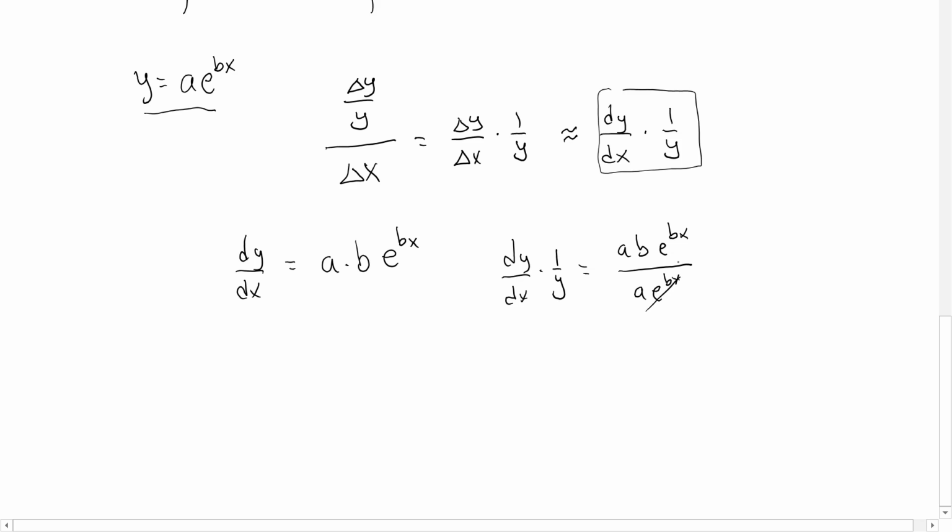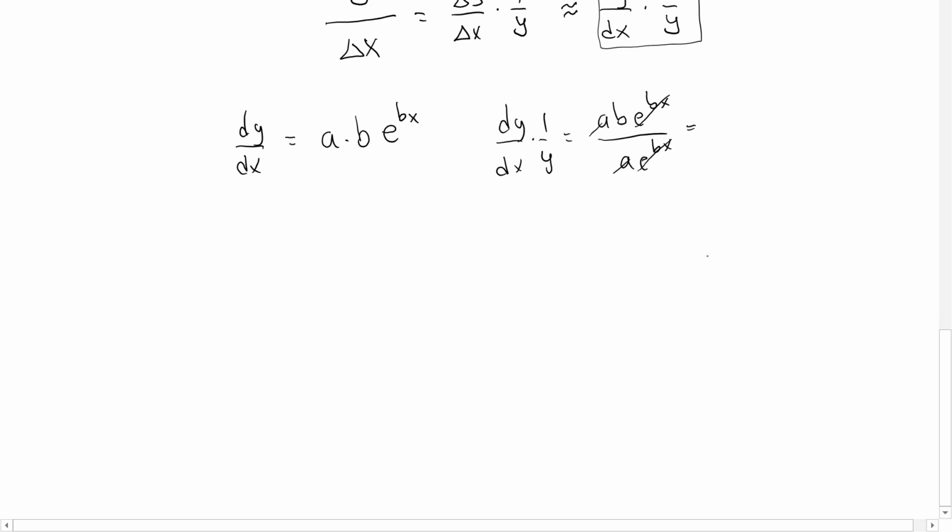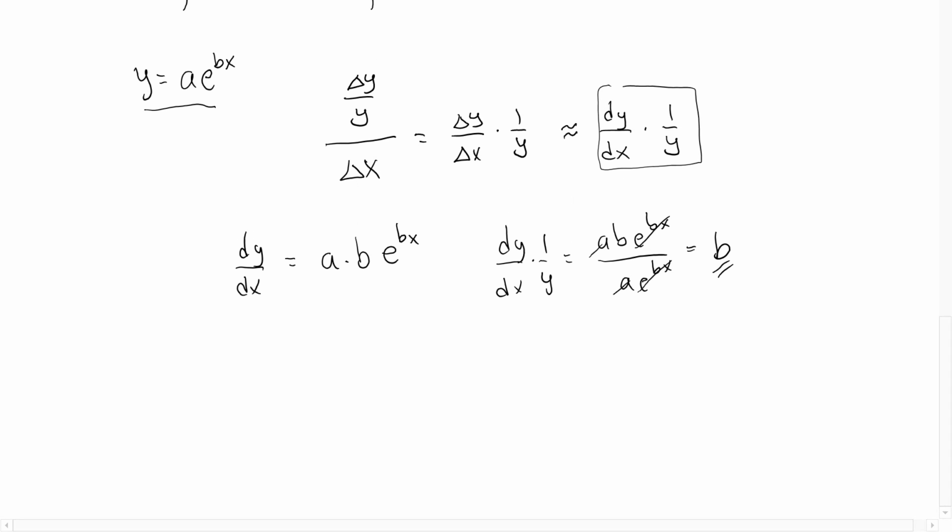This cancels, and I'm just left with b. So we see that this parameter is indeed a measure of the percentage increase in y when x increases by 1 unit, at least approximately.